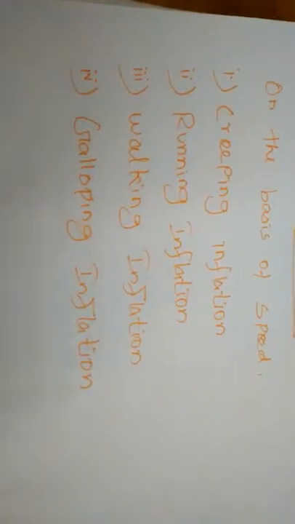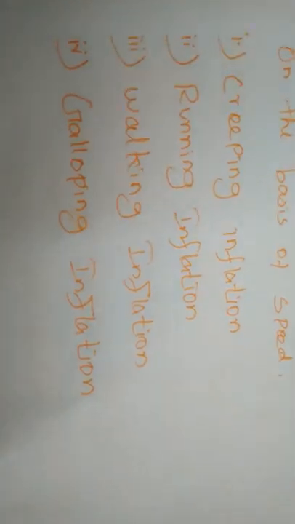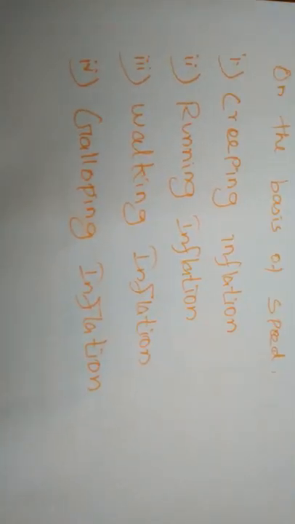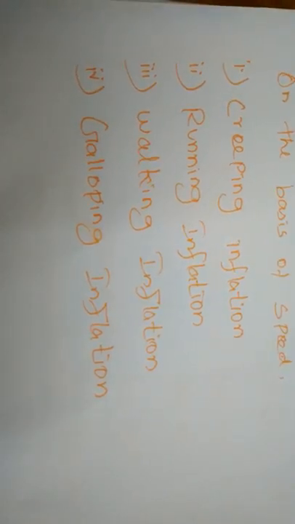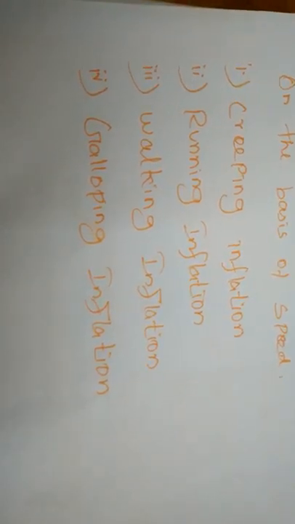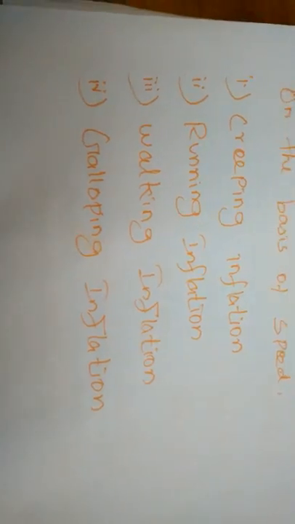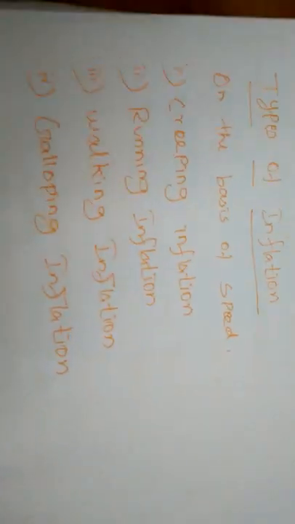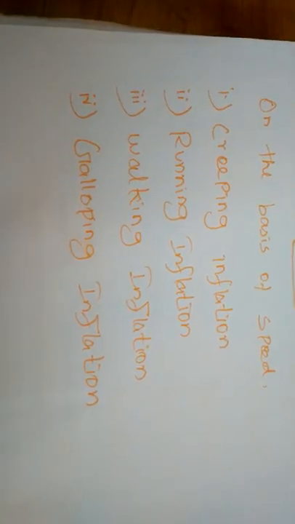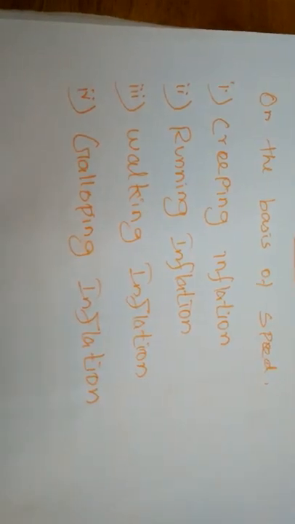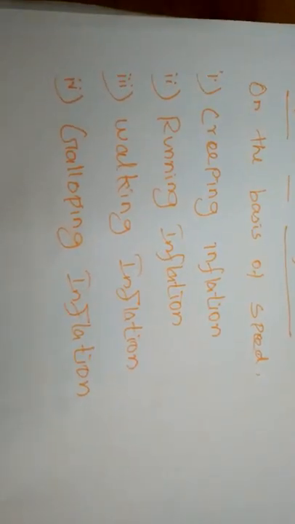Next, walking inflation. When prices rise moderately and the annual inflation rate is single digit, it is called walking or crawling inflation. When the price increases at the same steady rate, it is called walking inflation.